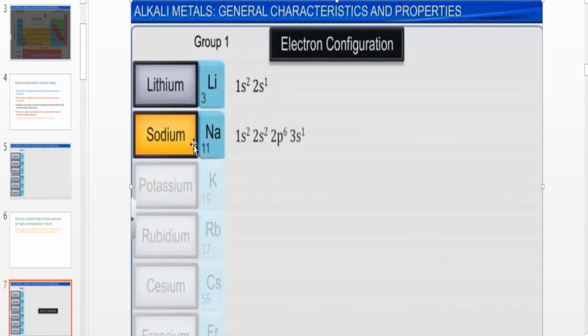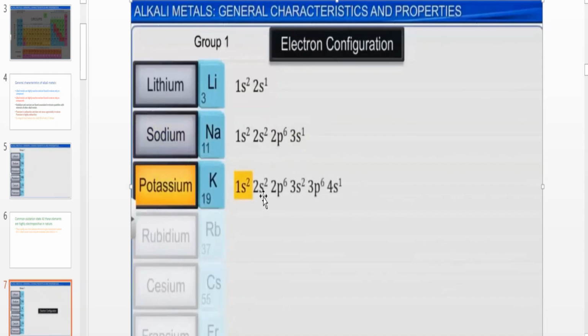Let's see the electronic configuration of sodium: 1s2 2s2 2p6 and 3s1. Okay, next, potassium's electronic configuration is 1s2 2s2 2p6 3s2 3p6 and 4s1.